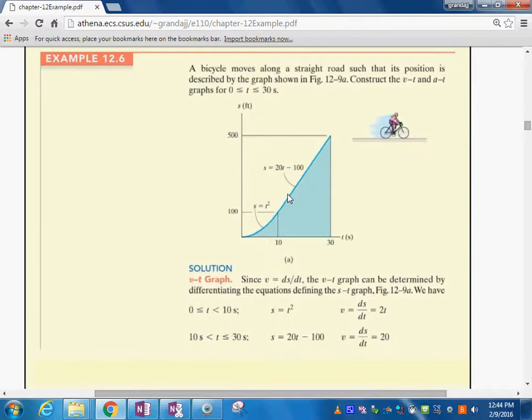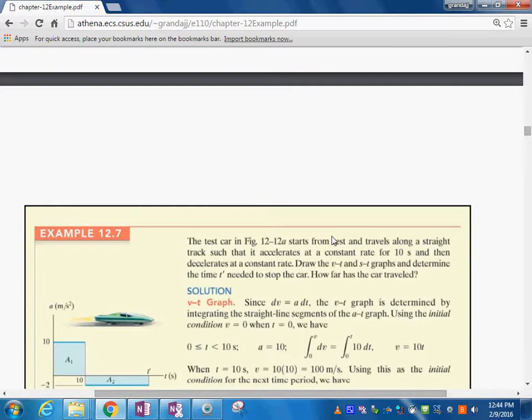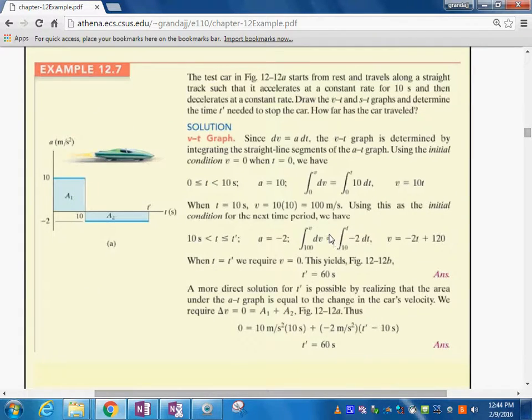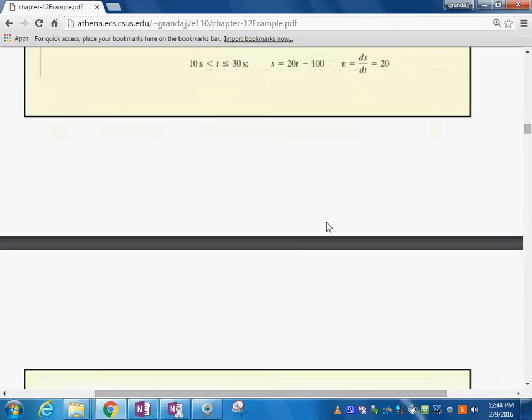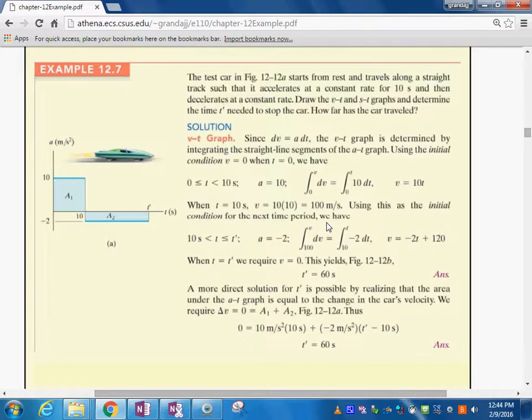Let's take a look at this one. This one has a different kind of situation. In this case, in this figure, you have a vehicle that starts from rest and travels along a straight track such that it accelerates at a constant rate of 10 and then decelerates at a constant rate.